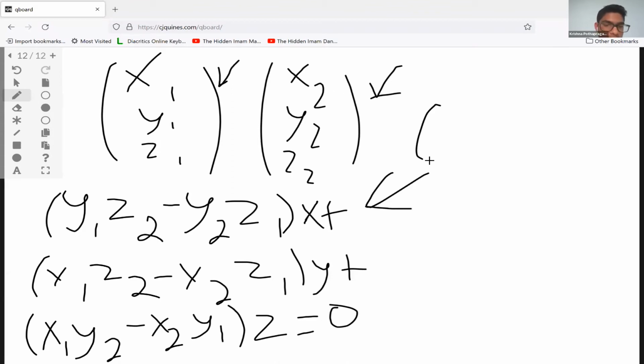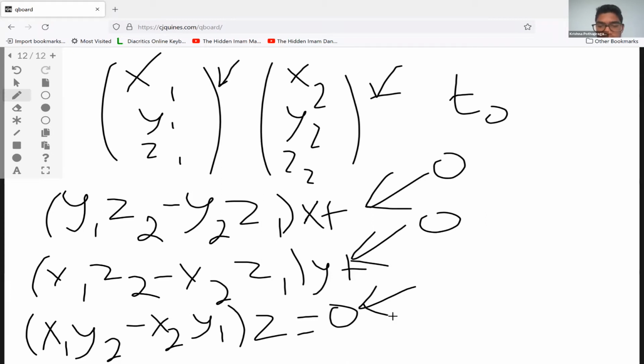For that value of t, let's say at t equals t0, x1 equals x2, y1 equals y2, z1 equals z2, or some constant multiplied times x1, y1, z1, then we get that this coordinate is 0, this coordinate is 0, and this coordinate is 0, which means there is a factor that is present, right?